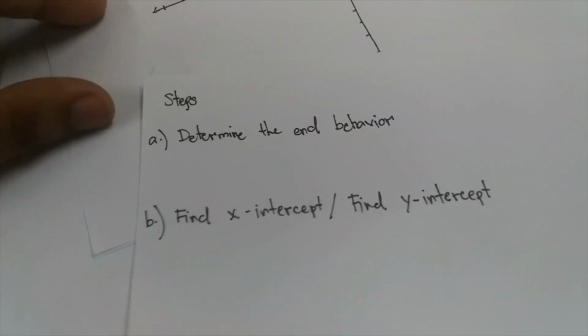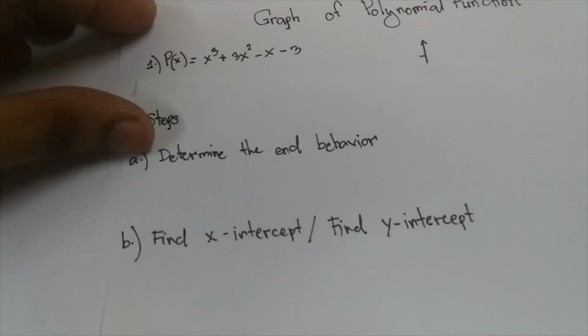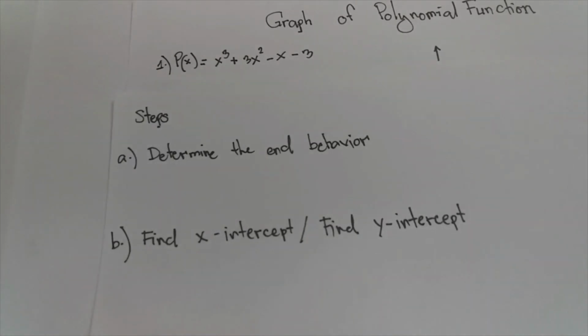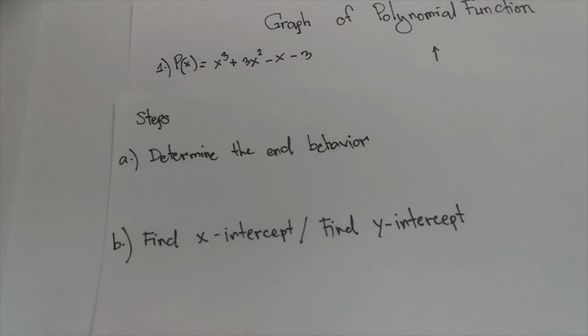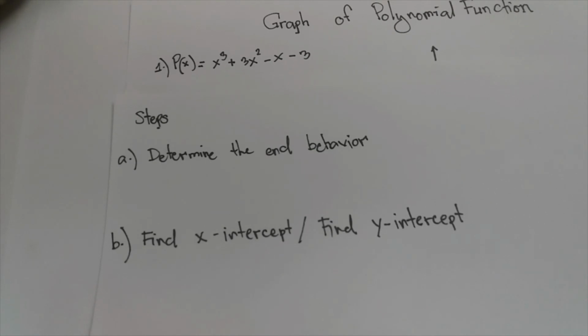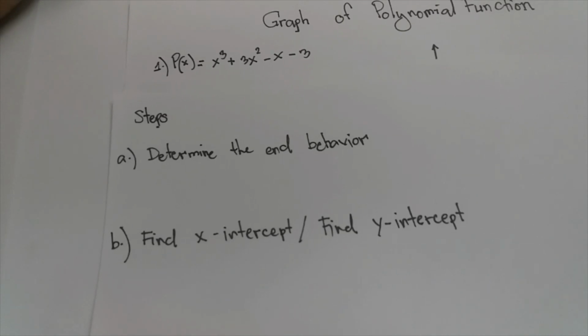Okay, let's go to letter A, determine the end behavior. Let us look at the given: x cubed plus 3x squared minus x minus 3. If you look at the highest exponent, that is x cubed, that is 3. So 3 is an odd number, so it is either type 1 or type 2. But look at the leading coefficient, it is positive.